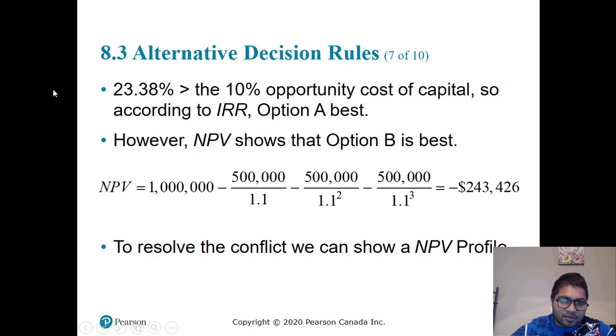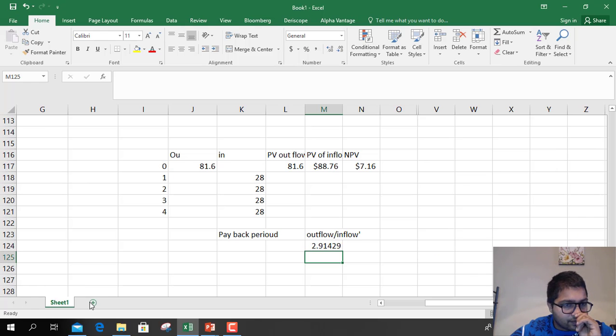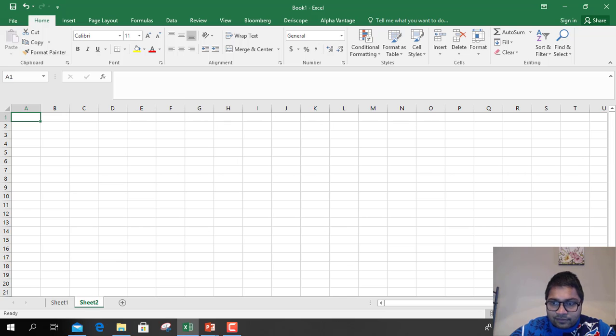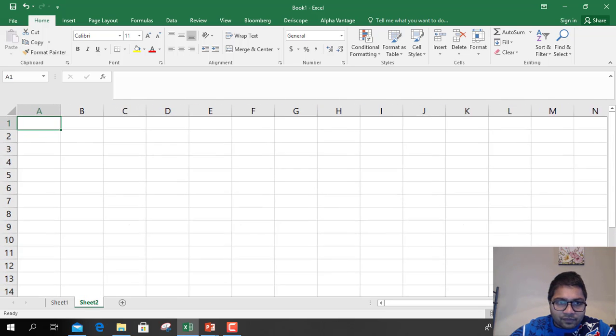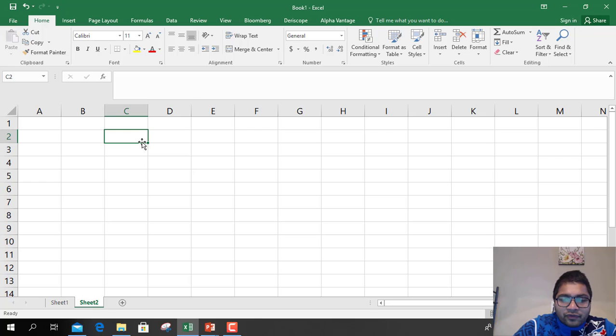Okay, let's do this problem in Excel to understand it. What are they saying? Okay, so you have two options. Option 1, $1 million right now.